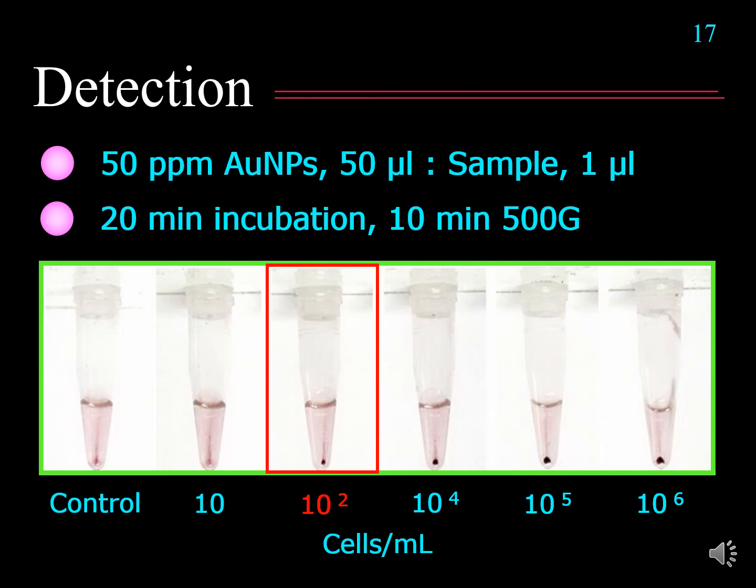But we added just 1 microliter, so we can see the precipitation of the colloidal gold in the Eppendorf tube with just that amount of cells. So this is our detection limit for this kind of chemistry.